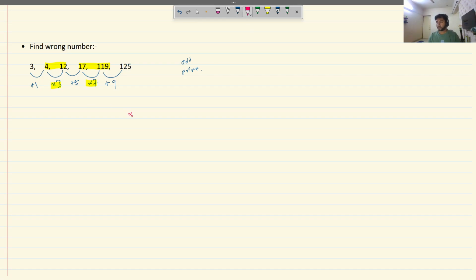So the logic in this question is alternating addition and multiplication of odd numbers which keep increasing. By this arrow I mean 1, 3, 5, 7, 9, increasing odd numbers.